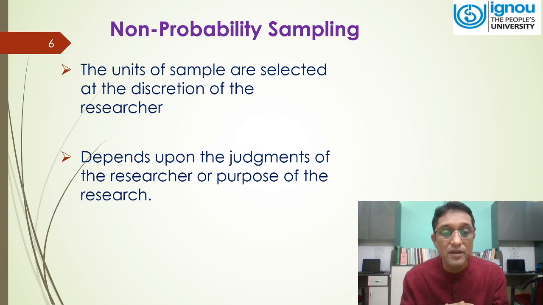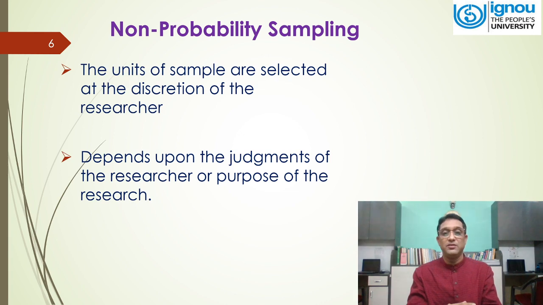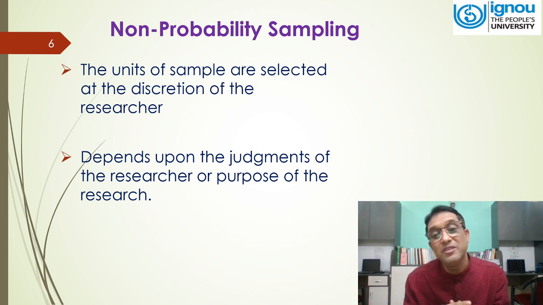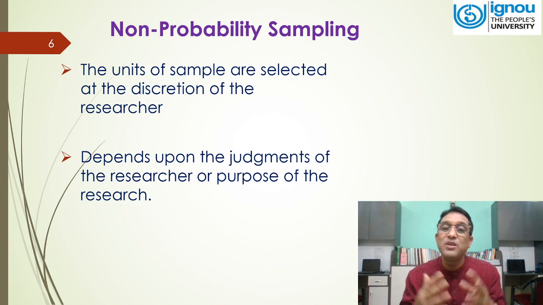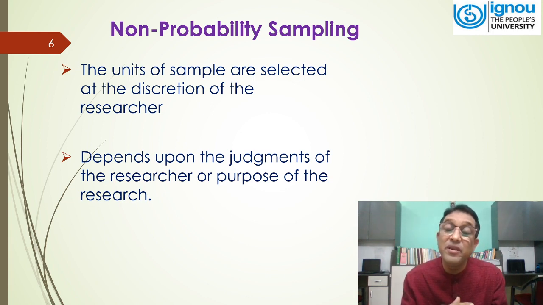Let us go forward. Further, it depends upon the judgment of the researcher or the purpose of the research. I was just talking earlier about the purpose of the research and the judgment of the researcher. So here the purpose of the research will determine what type of sample it should be, what should be the nature of the sampling unit.